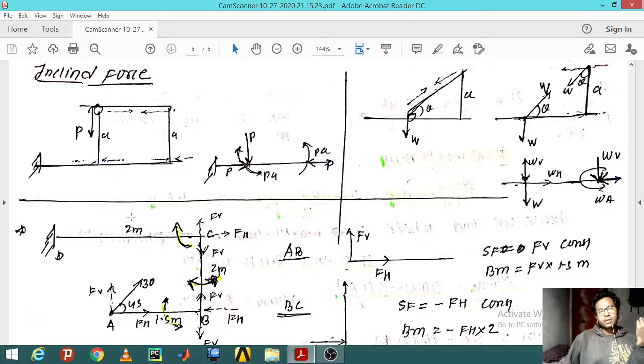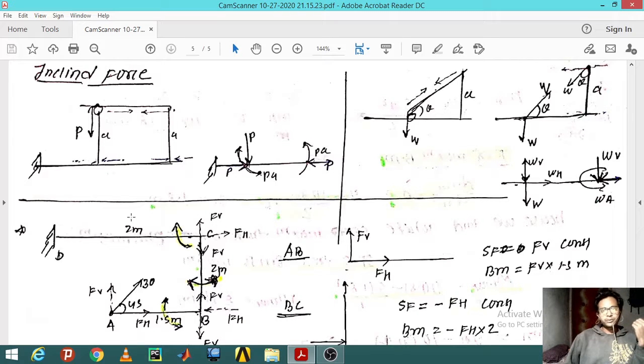The end of the first lever is tied at the top end, and it is pulled by the pulley held by another lever, which is pulling downward.